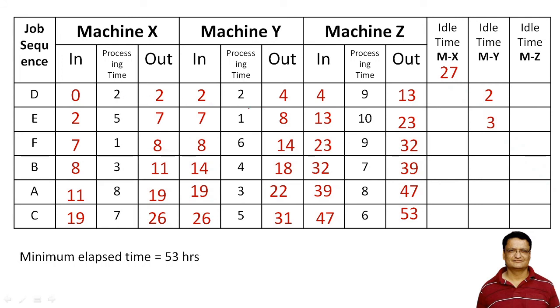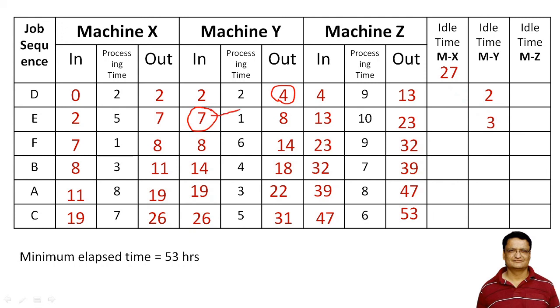Then I will show you the shortcut for this now. Right. Now focus on this machine Y only. Do not consider this machine X and Z. Now you can see that the machine completed the processing of D at time 4, but the job E entered in machine Y at time 7, right?